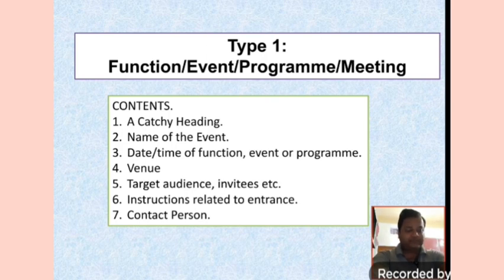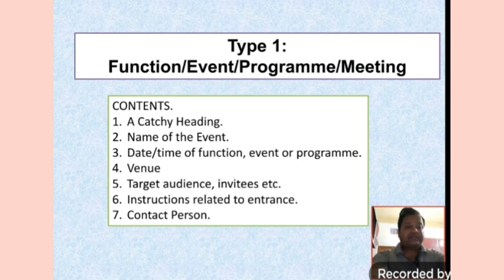Now a catchy heading is common to all types of notice. Then you must mention the name of the event. Say it can be inter-house cultural competition, inter-house debate competition. It can be flower arrangement or science exhibition. Name of the event should be mentioned.